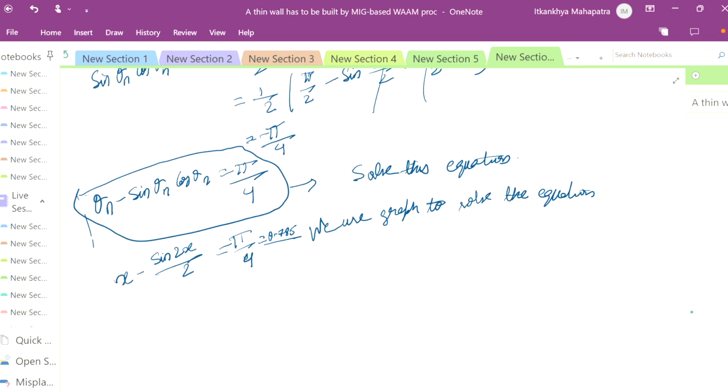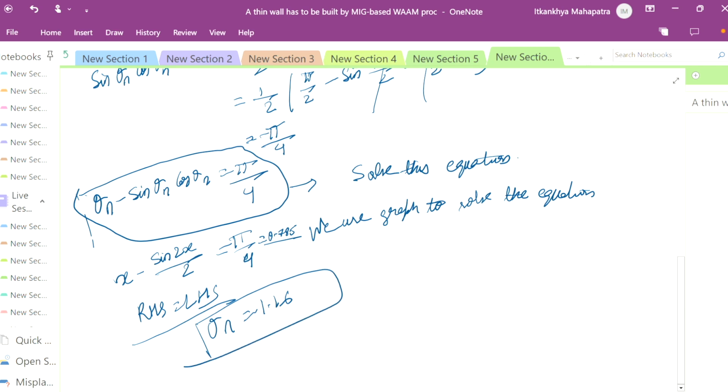I have considered some approximations by making the LHS equal to the RHS, and found the theta n value. This is 1.16. This is your theta n.